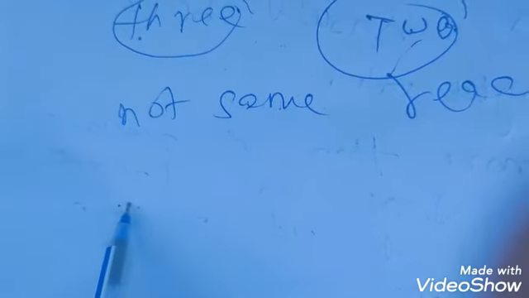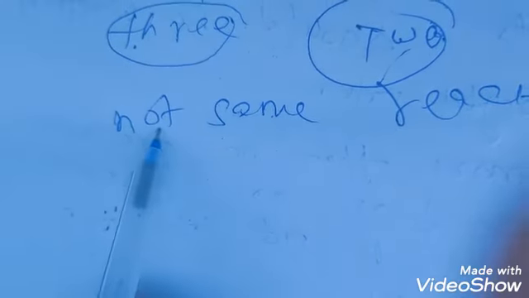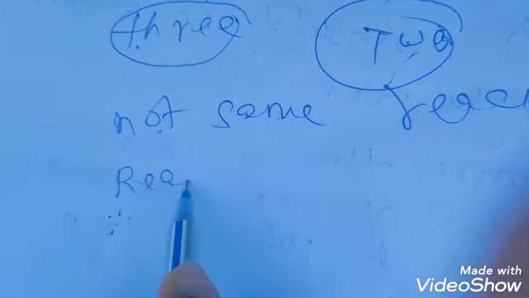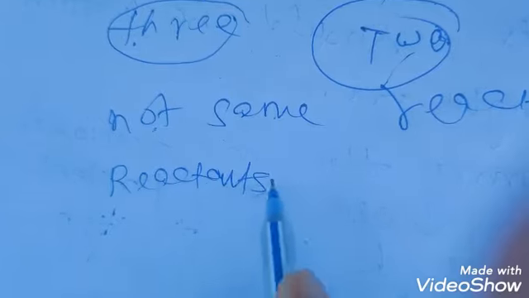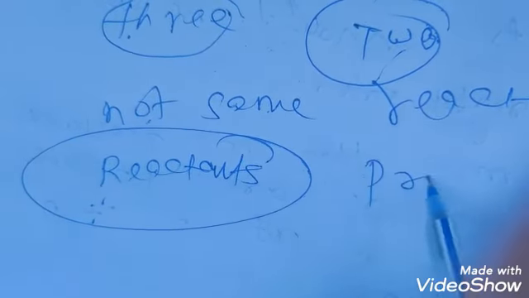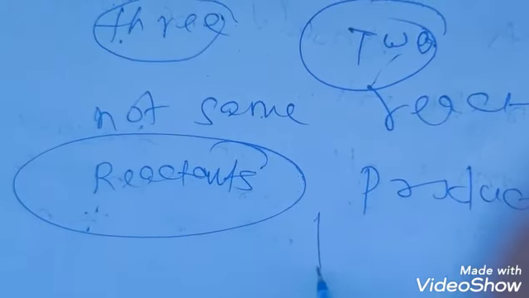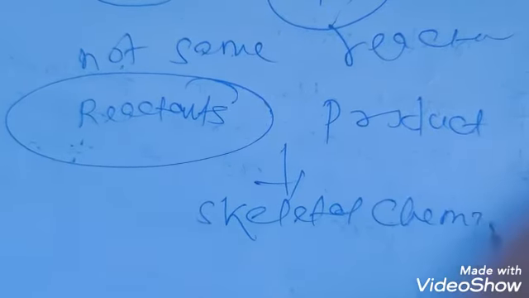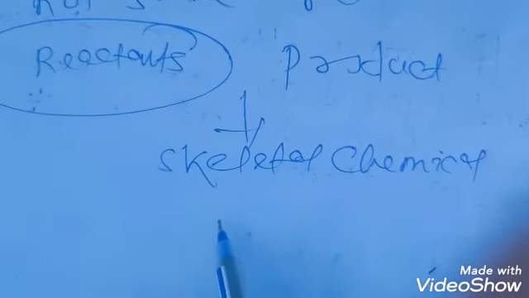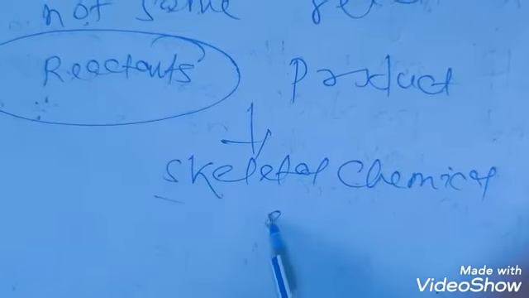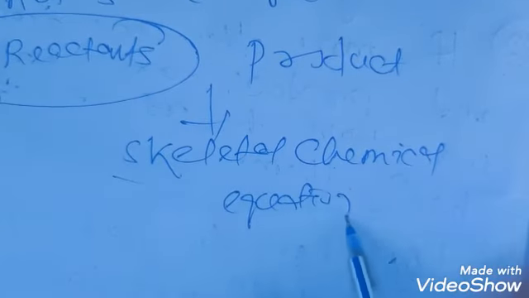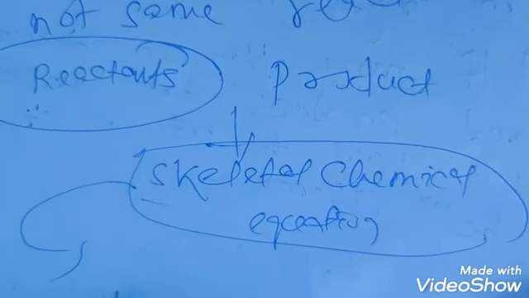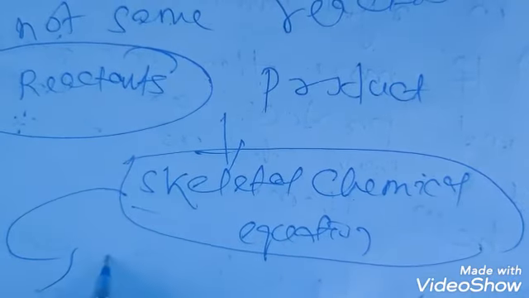If you write that unbalanced chemical equation in terms of reactants and products, it is also called a skeletal chemical equation. So an unbalanced equation is also one type of skeletal chemical equation. A skeletal chemical equation only gives the information about the presence of reactants and products.